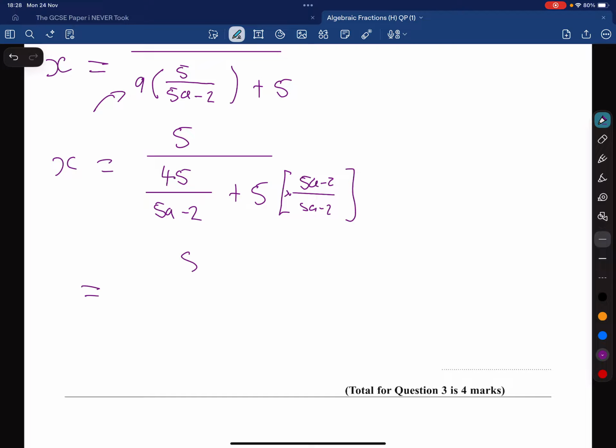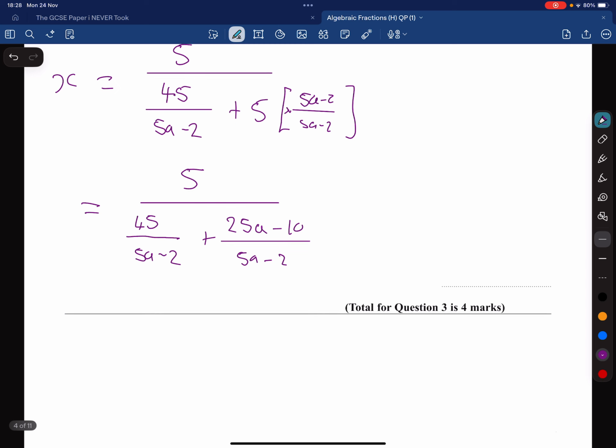So this is equal to 5 over 45 over 5a minus 2 plus 5 times 5a, 25a, 5 times minus 2, minus 10 over 5a minus 2, and this is equal to 5 divided by, well, I'm going to make it as 25a, 45 minus 10 is 35, with 5a minus 2.